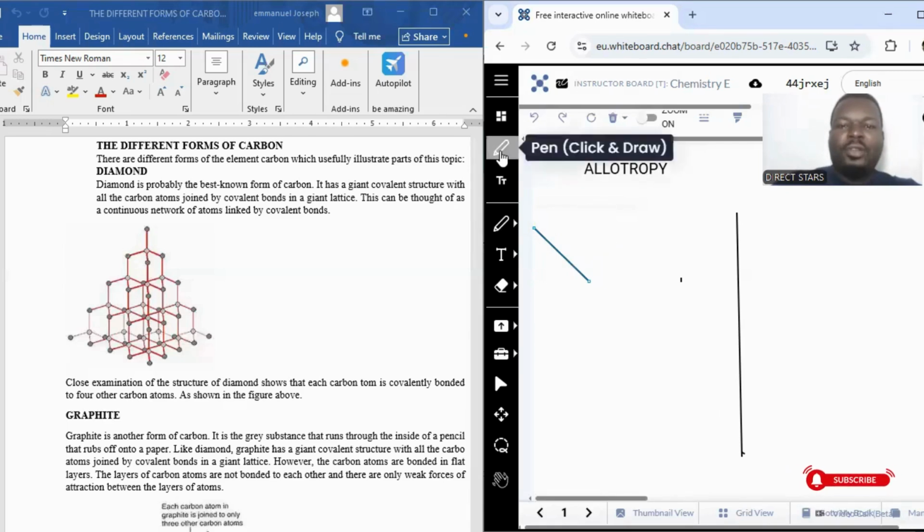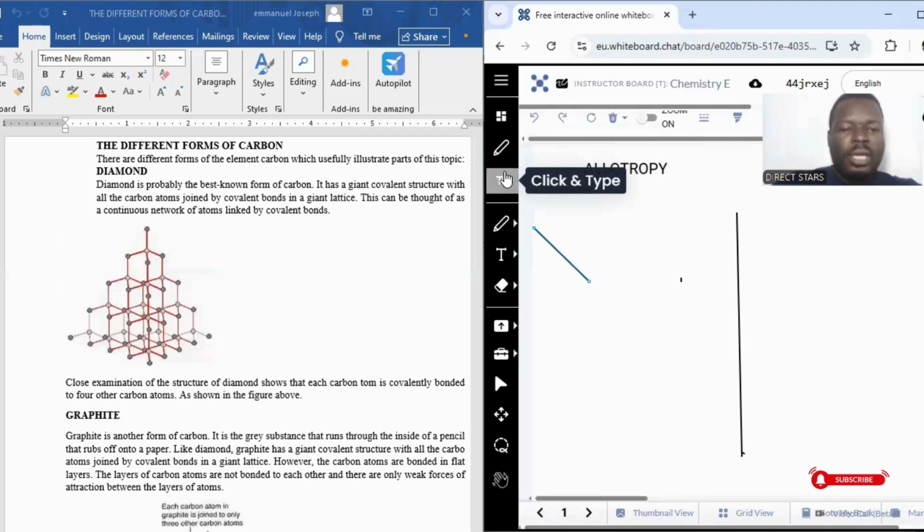diamond has, but it also has this giant covalent structure. But unlike diamond, each carbon is bonded to three other atoms, not four.